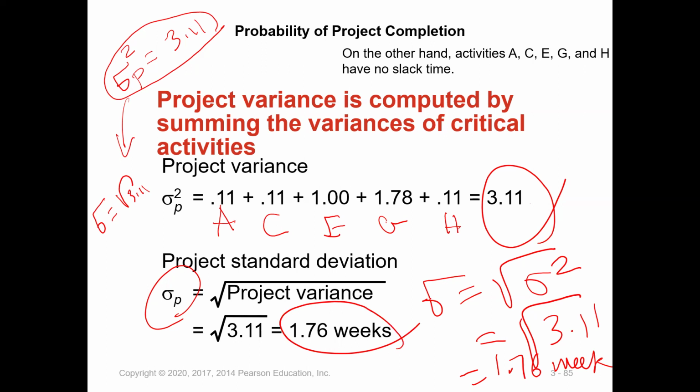So now we have the standard deviation for the project, which is 1.76. Okay. So using this, we can calculate the probability we will finish the project in 15 weeks, 10 weeks, above, below. Okay. Any questions before we calculate the probability? No question. Okay.